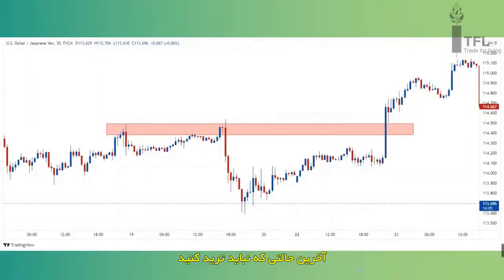So the last one, things that I tend to avoid. For example, we have a zone over here. What happened is that the price violated, tested, and then not only that, the price reached above this zone, violated this zone.